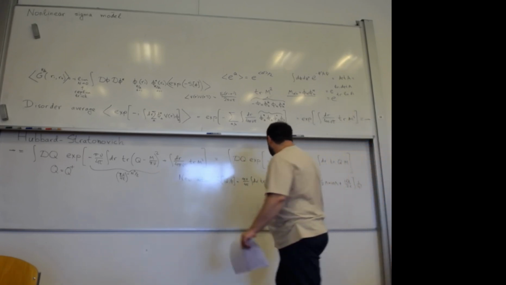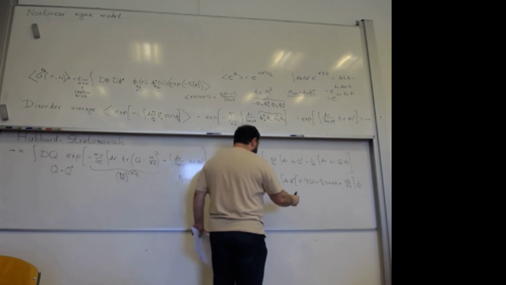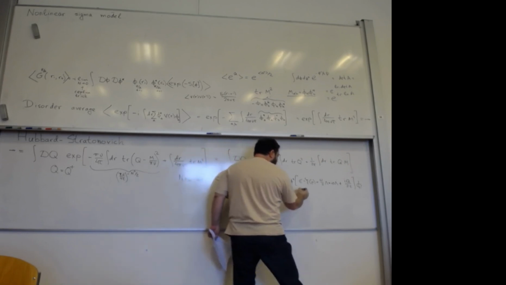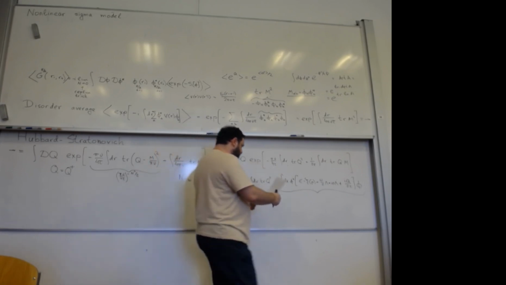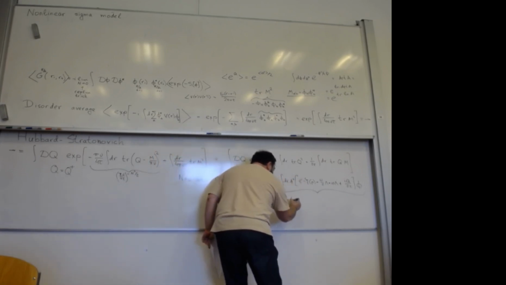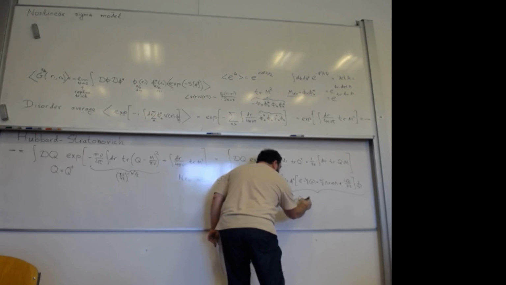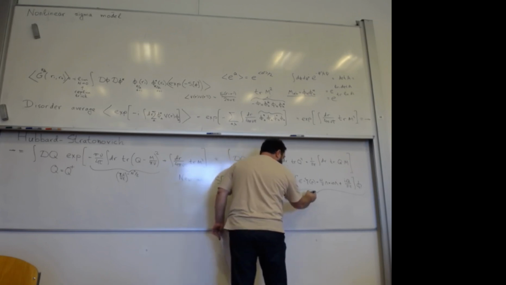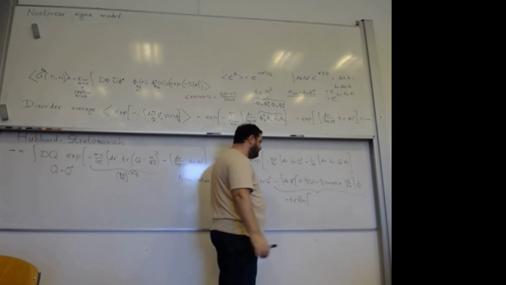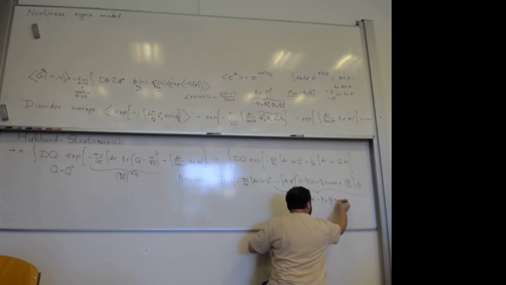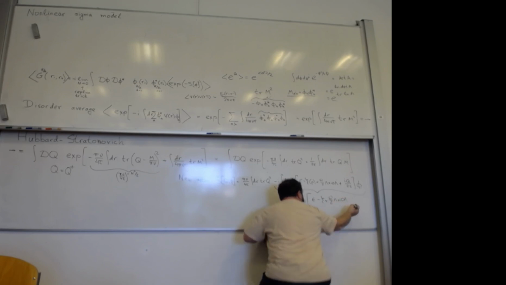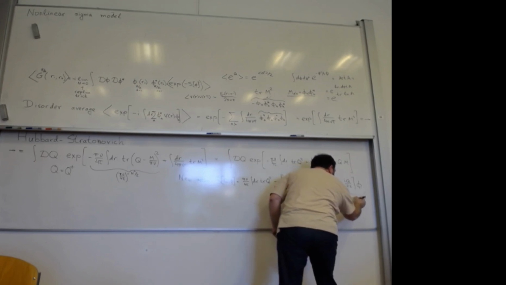So my action has this first term, nothing changed to it, and instead of this whole second thing, I will write minus trace of logarithm of this thing in square brackets: epsilon minus psi plus omega over 2 lambda plus I0 lambda plus IQ over 2 lambda.